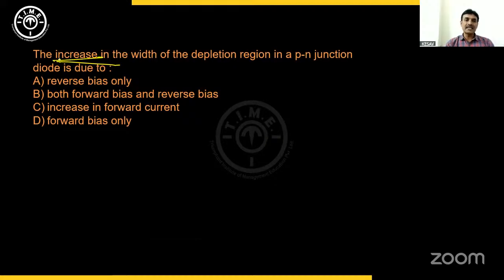But increase in the width of the depletion region is just because of the reverse bias. So it's only due to reverse bias, not due to both forward and reverse bias. It's not due to increase in forward current. Only in reverse bias mode, width of the depletion region increases. So the right option here is option A.